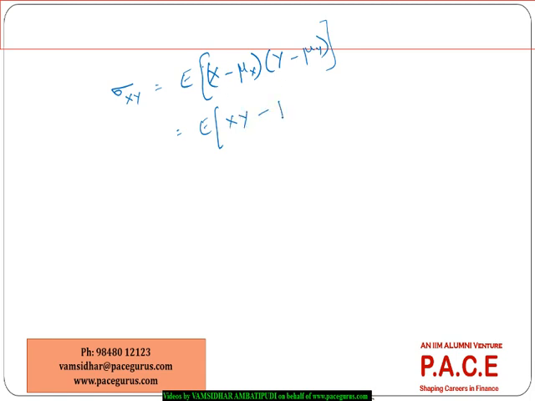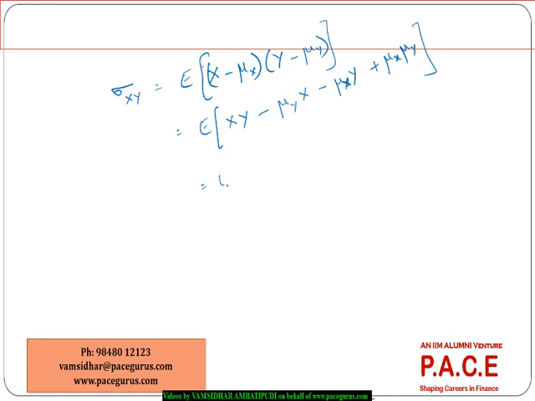So if we look at sigma xy, expected value of x minus mu of x times y minus mu of y, let's do some basic calculations on it. Multiply out: xy minus mu y times x minus mu x times y plus mu x mu y. Good.